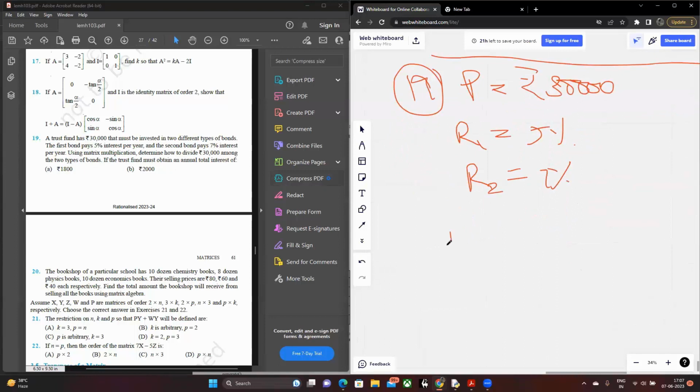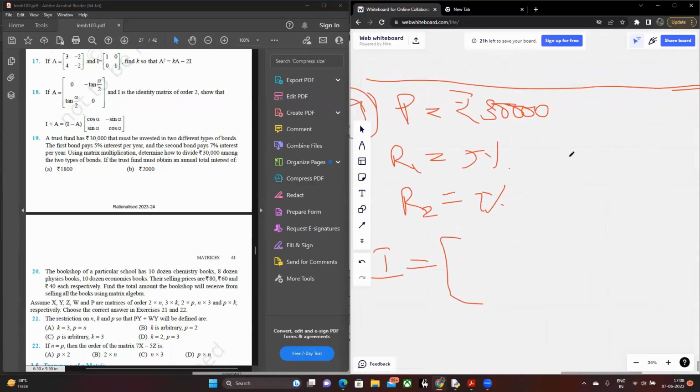Now, I'll just write the formula for the interest. Since it's a bond, you're going to have simple interest. So your interest is going to be P times R. If you are investing x over here, then you are investing 30,000 minus x over here.